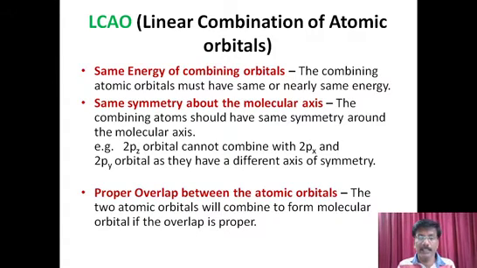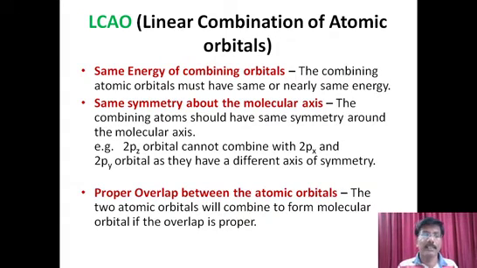For example, px, which is along the x-axis, if you want it to interact with py, which is along the y-axis, px and py cannot combine, because the symmetry axis is x for one and y for the other. So these two cannot combine to give any molecular orbital. To have molecular orbital formation, if we are taking px, then the other must also be px. If you take py, then the other must also be py. If you take pz, then the other must also be pz. Then only that interaction is possible.